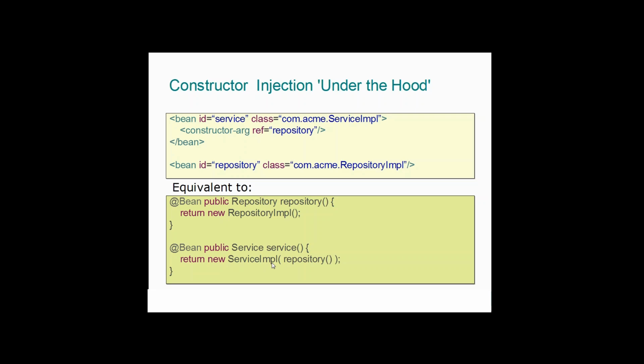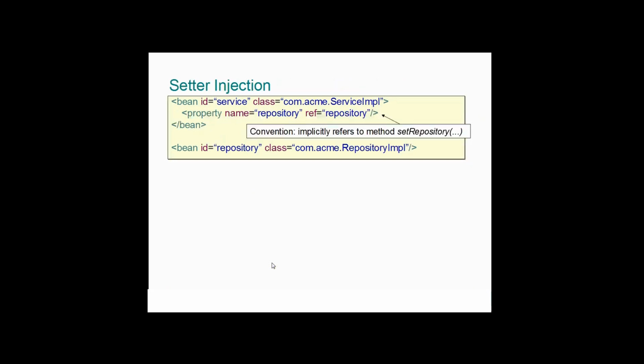Okay, so now I have another way of doing a dependency injection using a setter. Here, the service implementation uses a default constructor to create this object, and then it calls the setRepository method to inject the repository object. So repository is a reference. When I say ref, it is going to get the reference to an object which is already created in the container.